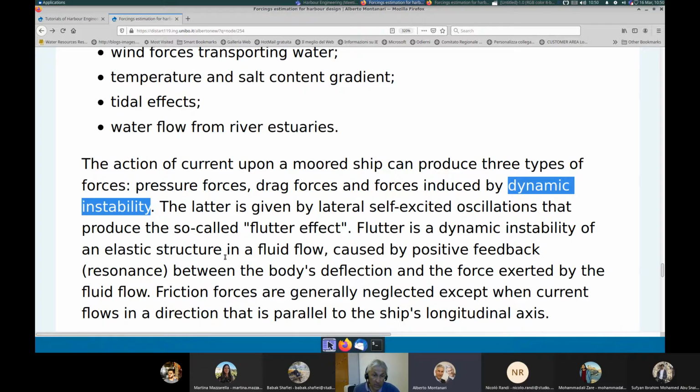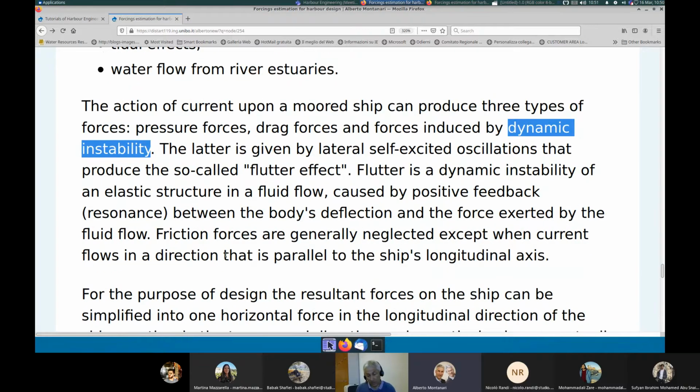Now, you can think of this dynamic instability as the action of a current that generates an oscillation of the ship, and if the forcing of the current is periodical, then you may have this dynamic instability.